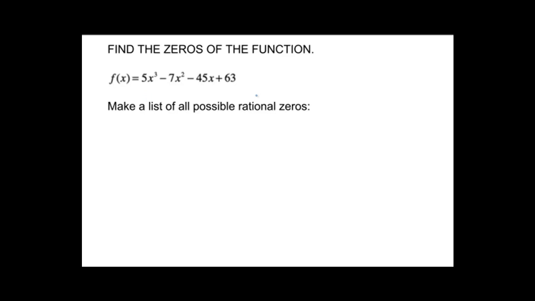So we want to find the zeros of this function. And we're going to start just doing this one by hand. So your first step would be to find the list of possible rational zeros. So it will be plus and minus factors of your constant term, so factors of 63.